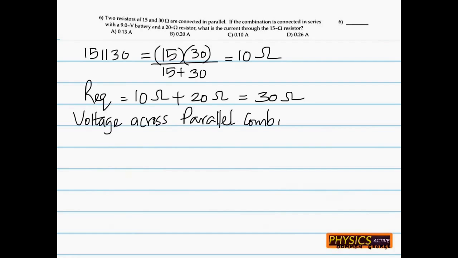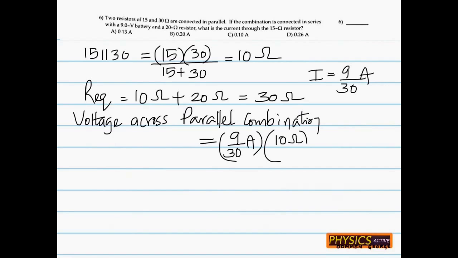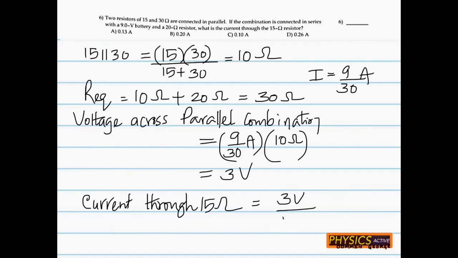Well, before you find the voltage, you have to find the current. So the current is 9 volt divided by 30, and now the voltage across only the parallel combination is that current multiplied by 10. And how to find the currents through that? Just divide 10 by 15, you get the current through the 15 ohms. And if you divide 10 by 30, you're going to get the current through 30 ohms.